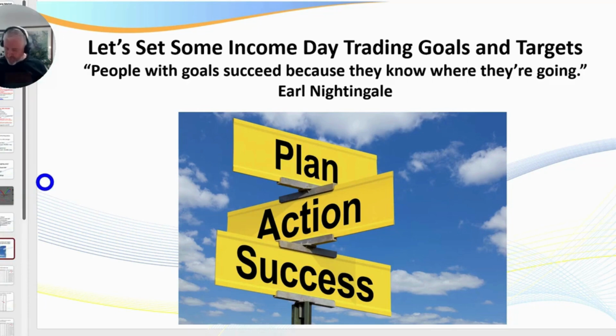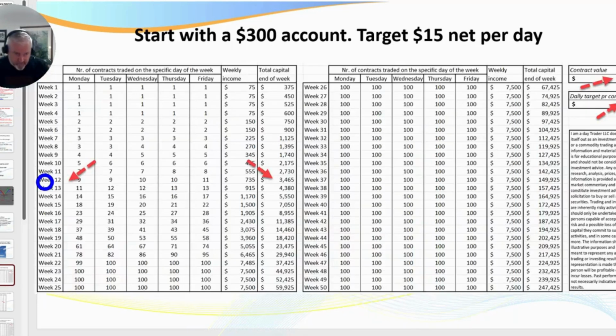So let's just say here, and let me stand for a moment. I've got a standing desk, so I'll stand at my desk here for a moment. So let's just say you've got 3,000, 10,000, 100,000. Start on the micros and build from there. Make all the mistakes you're going to make on a micro, that is after the simulator.